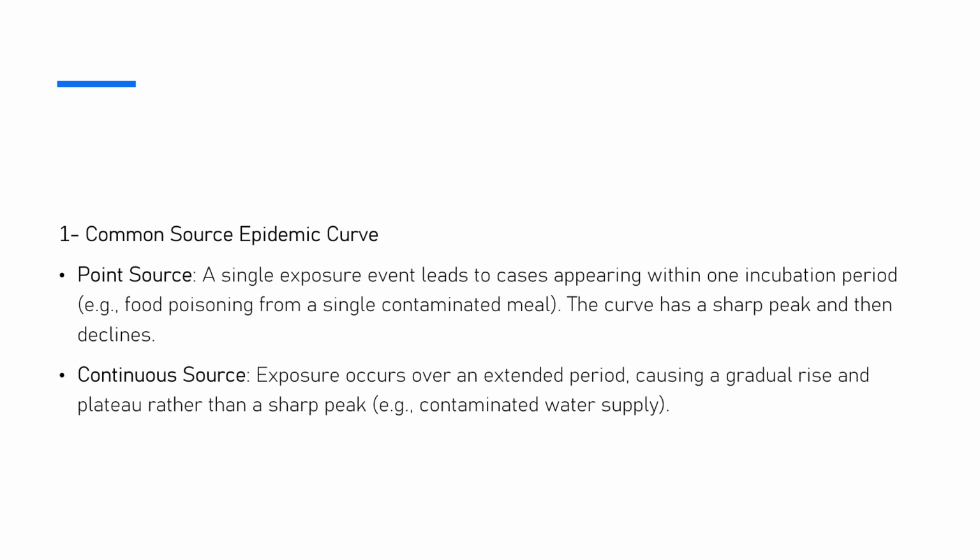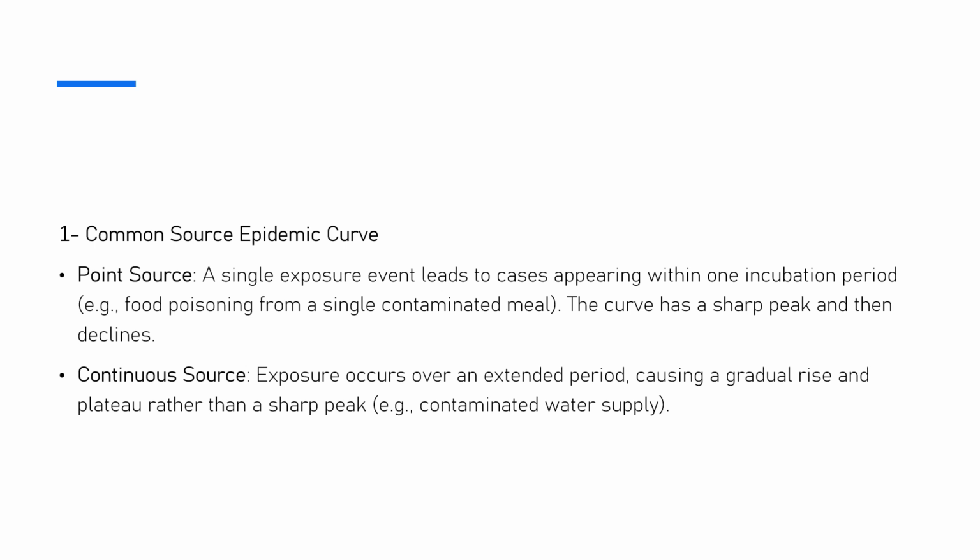The food poisoning does not affect other places, it only involves one meal. We will see a sharp peak at one point, then the cases gradually decrease because we know the source and can control it. It is an easy source to control.